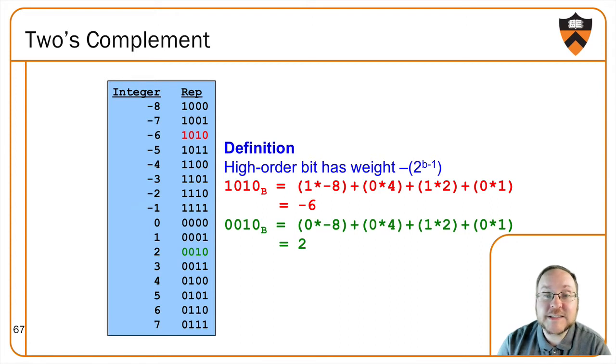Even better, this is a function that's symmetric and self-reversing. So consider 5 and negative 5. 0, 1, 0, 1 becomes 1011, that's -5, great. And 1011 becomes 0101. That's 5, so it goes the other way. Awesome. The only quirk left here is our extra value 1000.